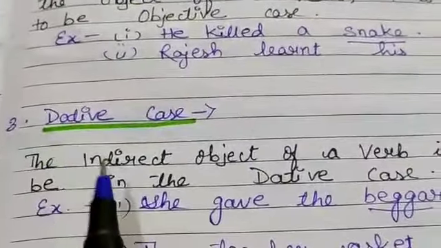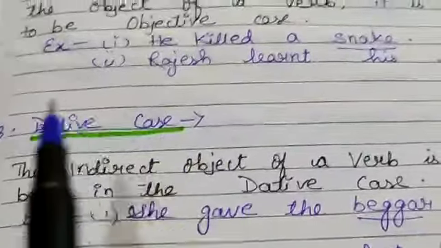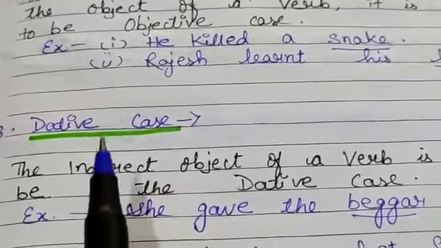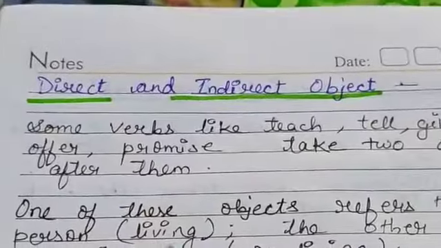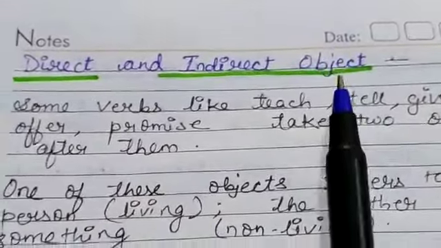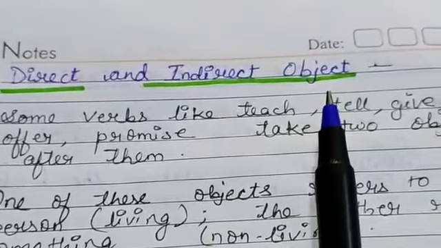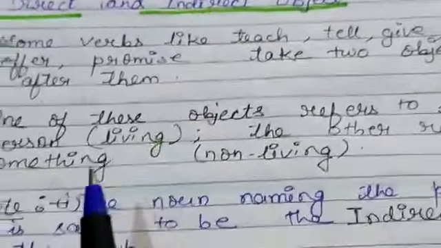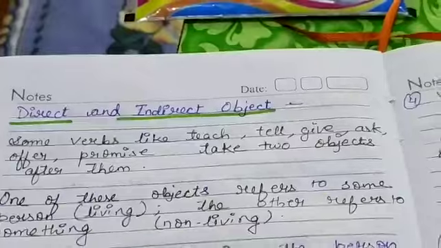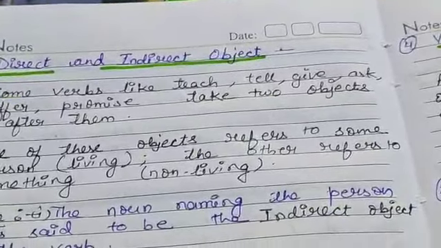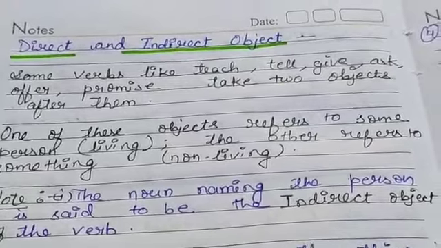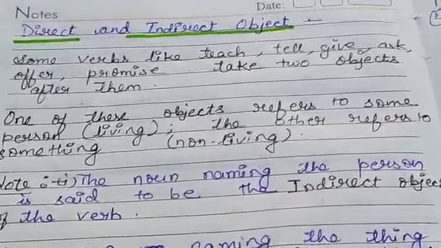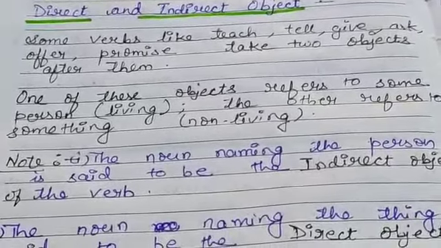Third one is dative case. Students, before I discuss dative case, let me discuss something else: direct and indirect object. This is something very important and you should know. Some of the sentences carry two objects also.